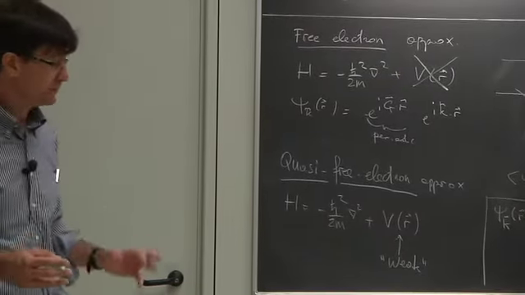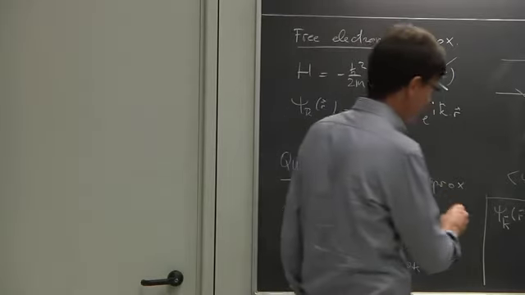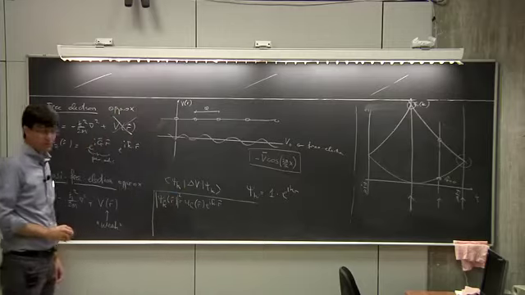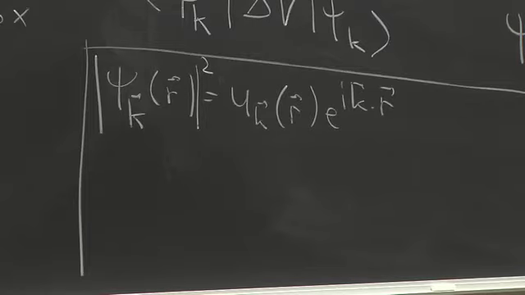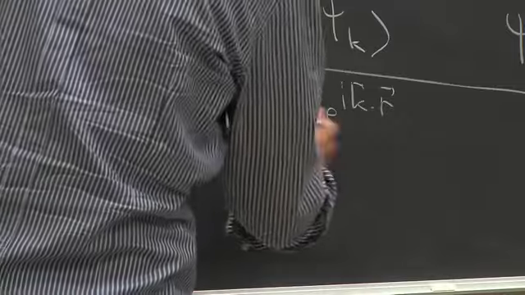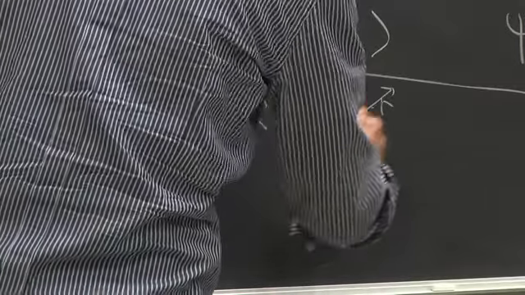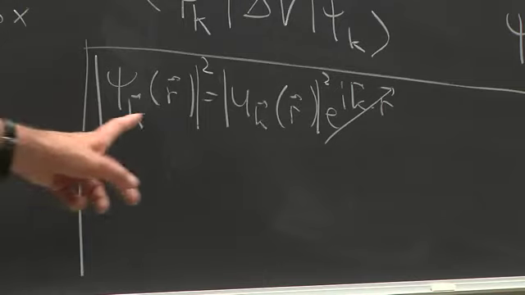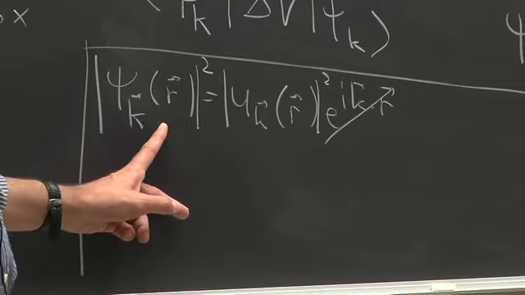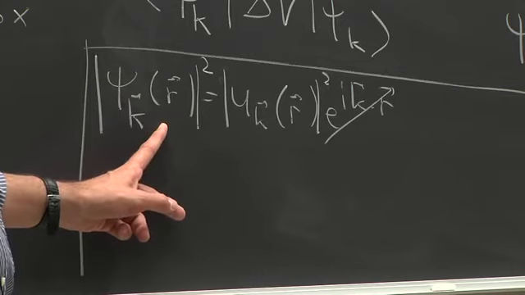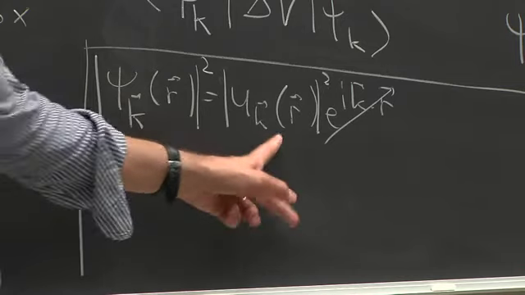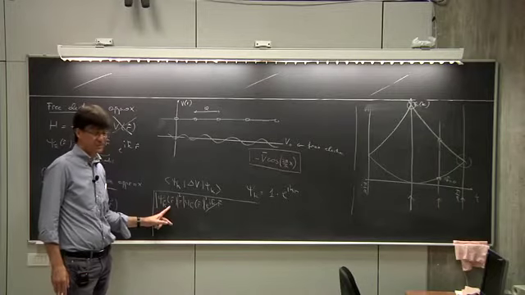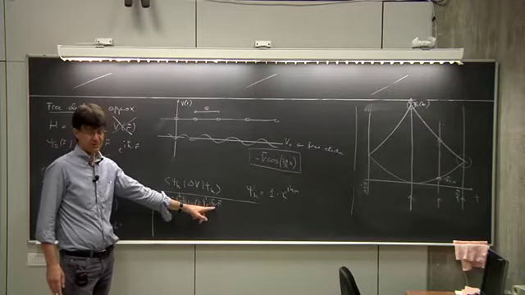It might not be the same. But in case of wave functions, if I take the square modulus of the wave function, which is what I need to do for the normalizations, this phase disappears. So the square of the wave function of a solid, of a crystal, is a periodic function. The wave function itself is not periodic because of this phase.